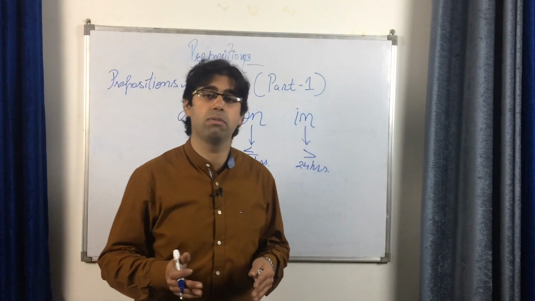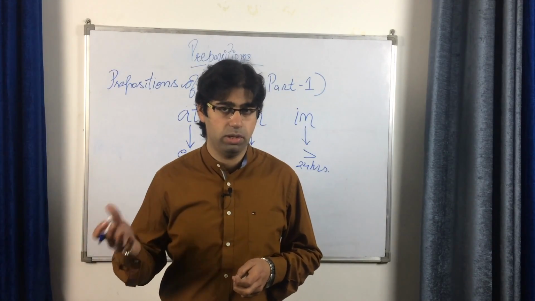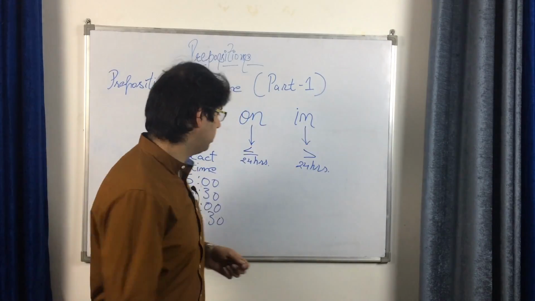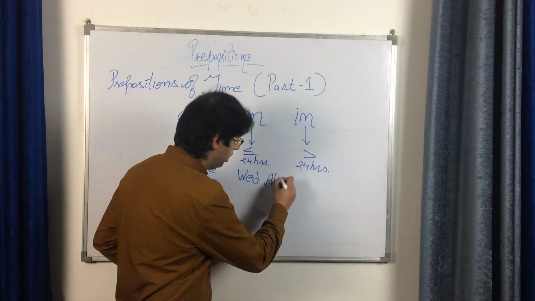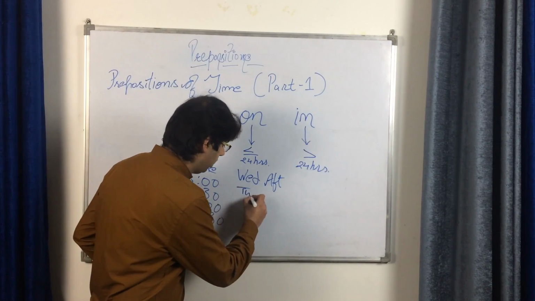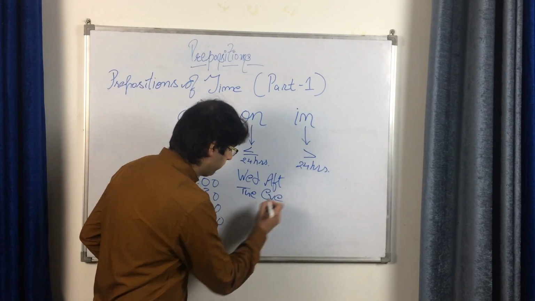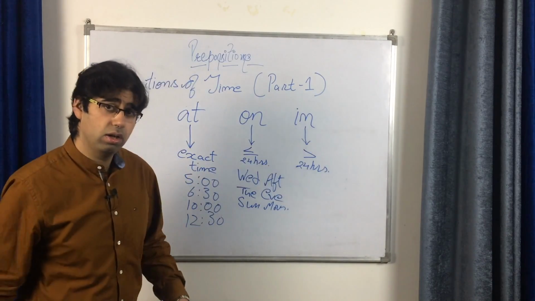Let me simplify that with an example. For example, let's take any day of the week, for instance Wednesday, and the quarter of the day being afternoon. So Wednesday afternoon, we'll use on in the sentence. Tuesday evening, Sunday morning, and so on, right?